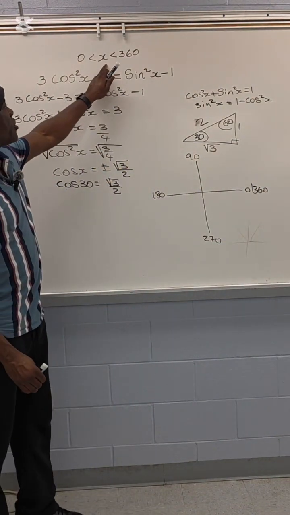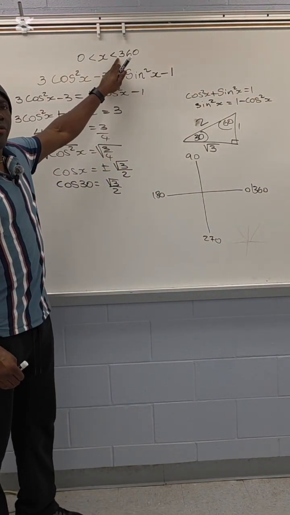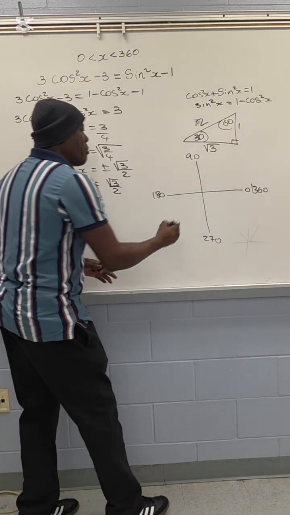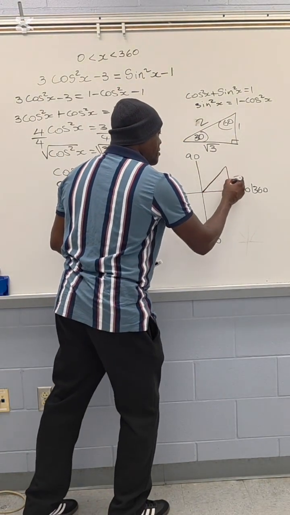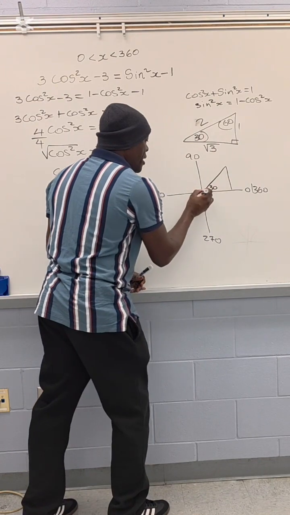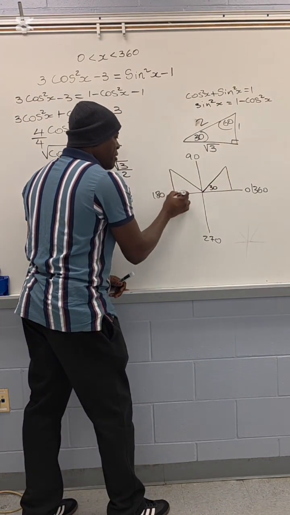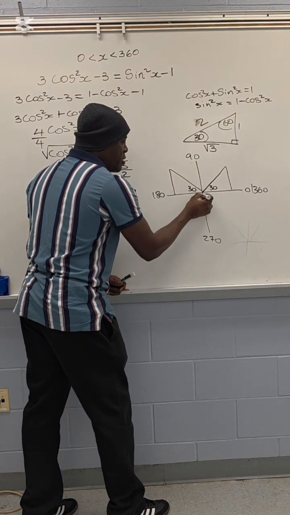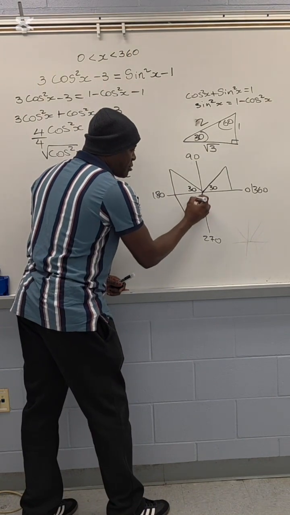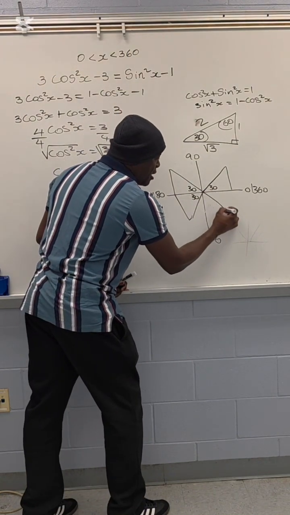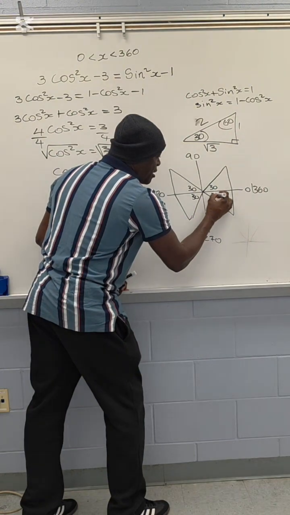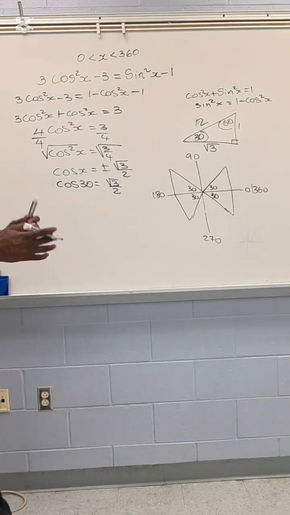Remember, we're functioning between 0 to 360. So this is my reference. This is my 30. I'm going to drop this. This is the other 30. This is the other 30. And this is the other 30. This is always good to help us.